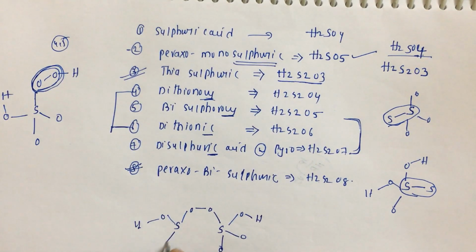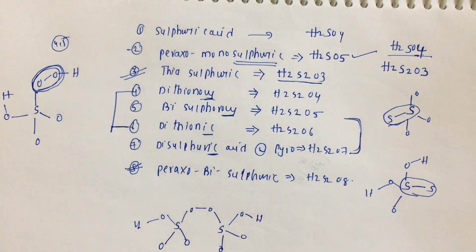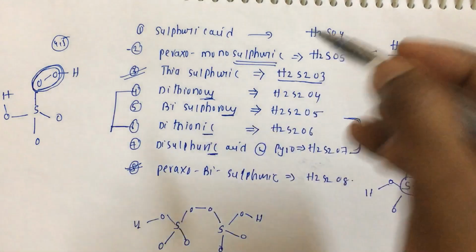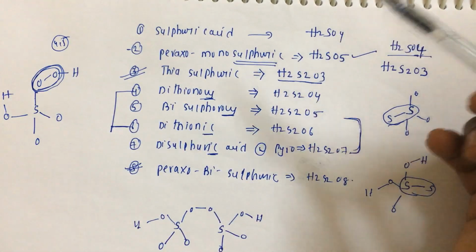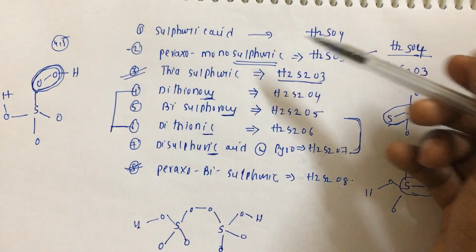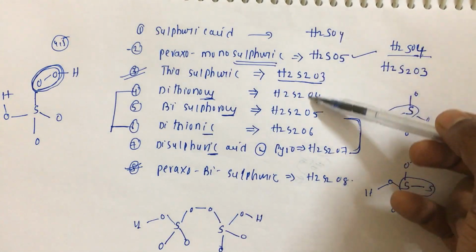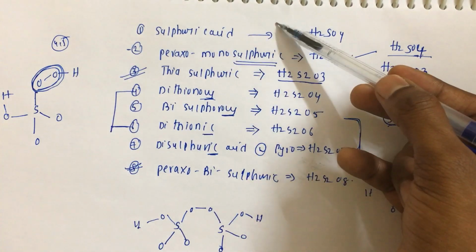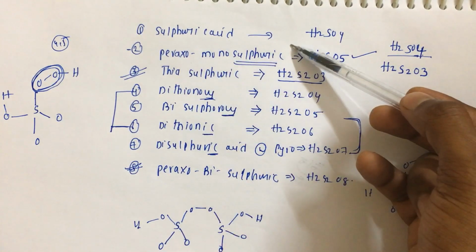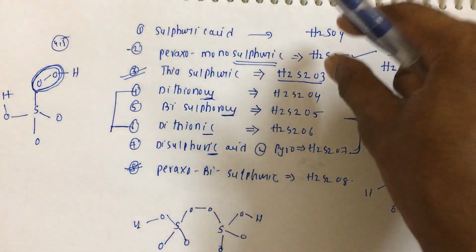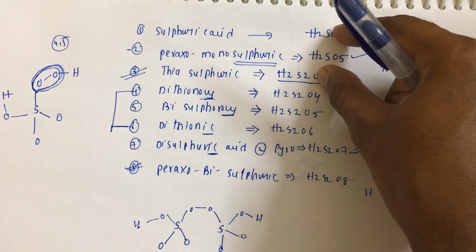So if they ask anything in this 8, just write in this sequence. First start with sulfuric acid and peroxo monosulfuric acid, thiosulfuric acid. So these 3 are very easy to remember.